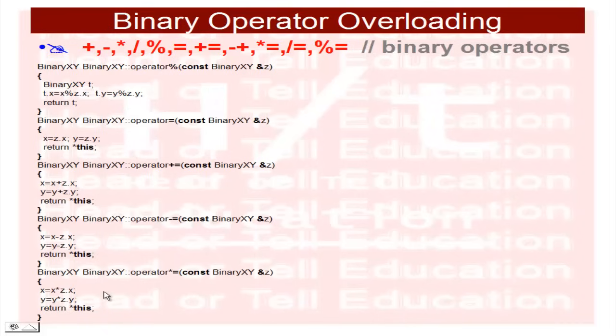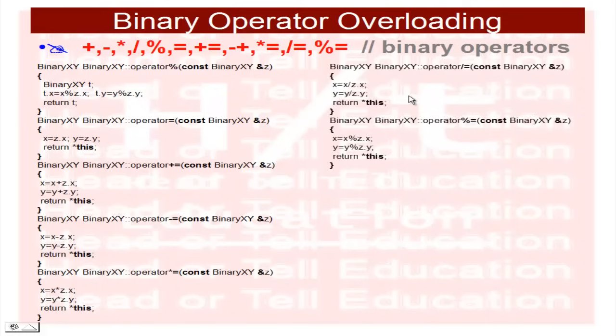So in this example I have shown we can write code by creating a variable and return type of variable, and we can also write this code by using the current object pointer, this. So both we can use for this.